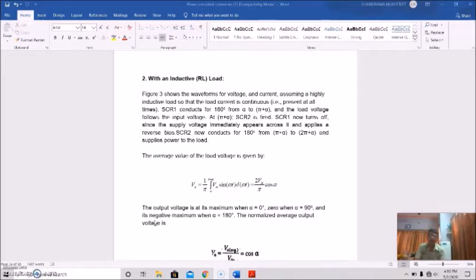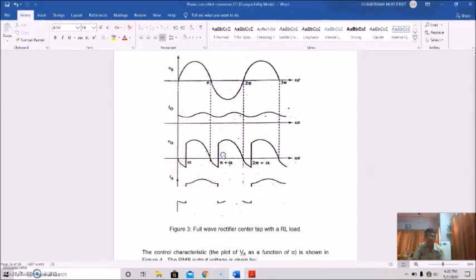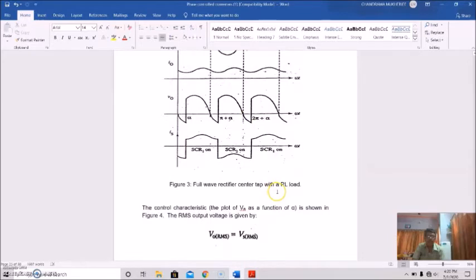Today we'll discuss single phase full wave converter, center tap type with inductive load, that is RL load. This is the waveform of the full wave controlled rectifier, center tap type with RL load.